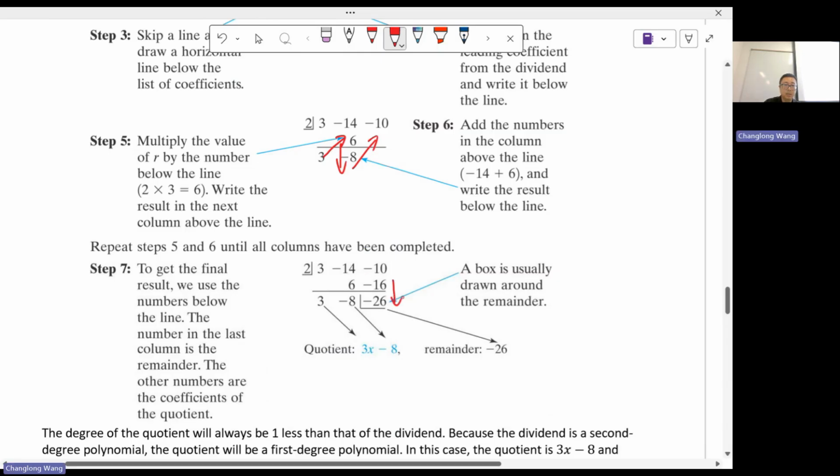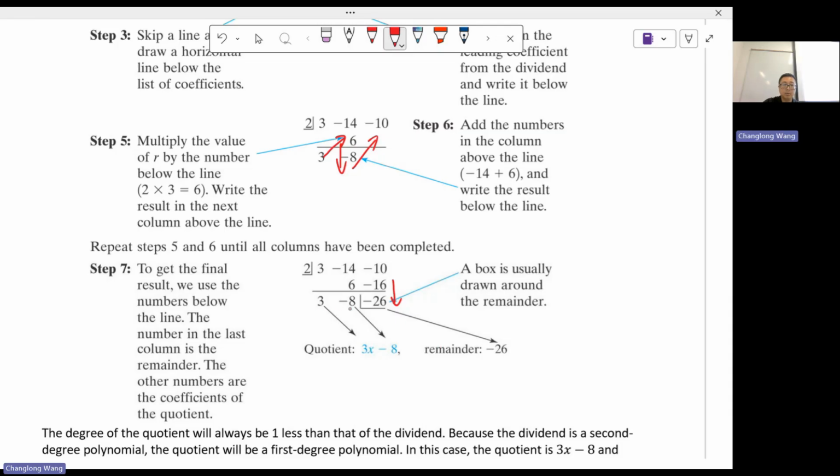Then coming down, you add up negative 10 and negative 16, you get negative 26. And the last row tells you the quotient and the remainder. The last number has to be the remainder.